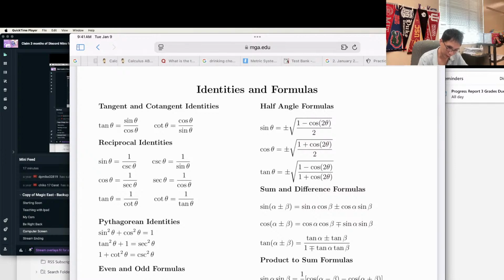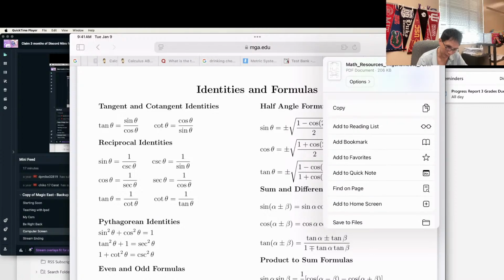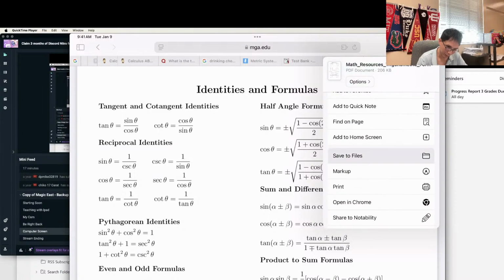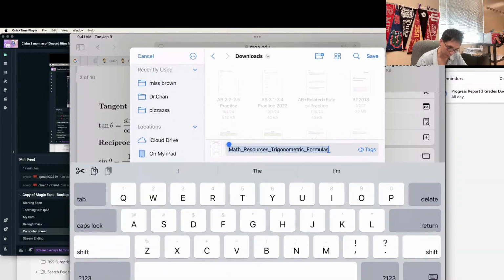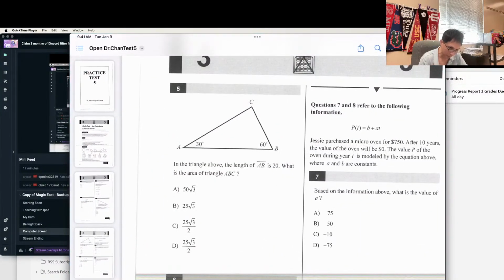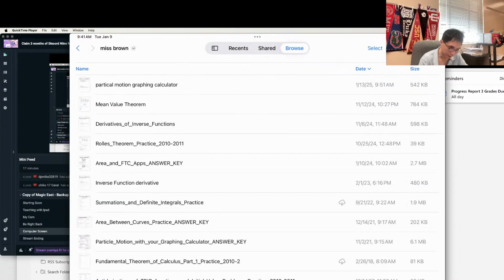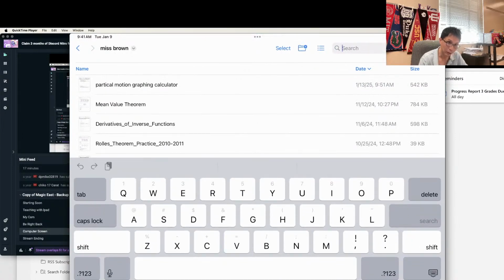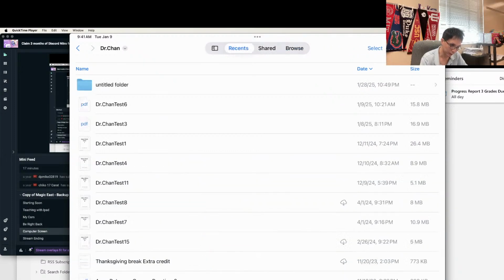So, here let me tell you what happened here. Let me, how do I download it? How do I open? Where's the save to file? File. Where's recent? Oh, okay.